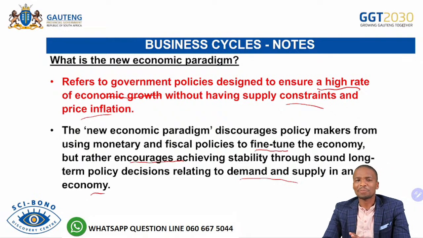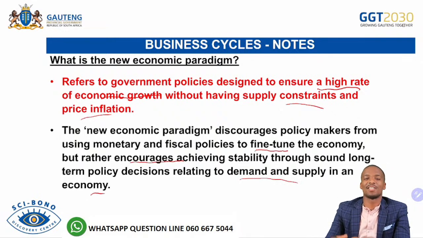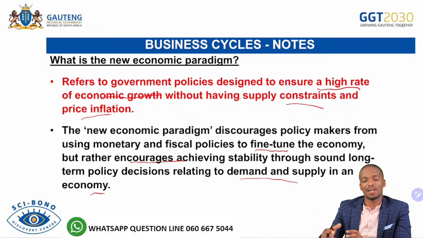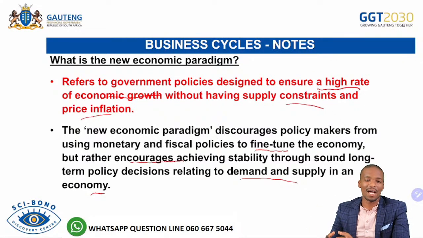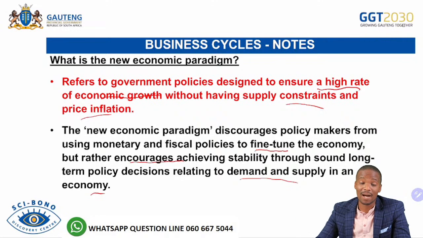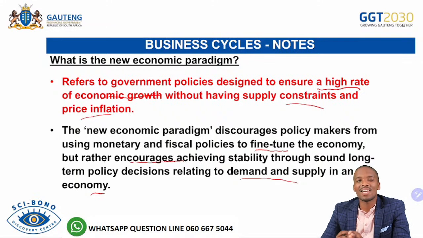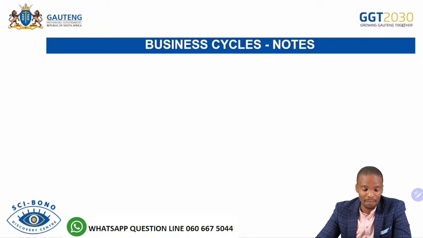So rather than every time the economy is at the peak we apply the monetary policy and the fiscal policy, and when the economy is at the trough we again apply the monetary policy and the fiscal policy, policymakers discourage the use of those things, but they encourage us to adopt long-term sound policies relating to demand and supply. That is our definition of the new economic paradigm.